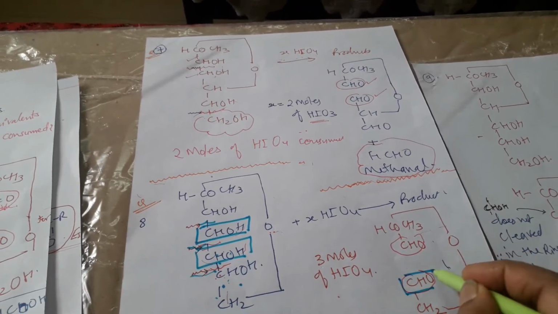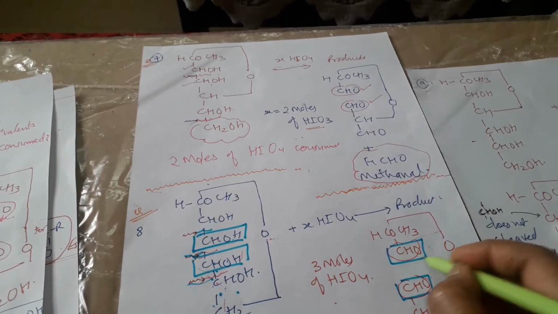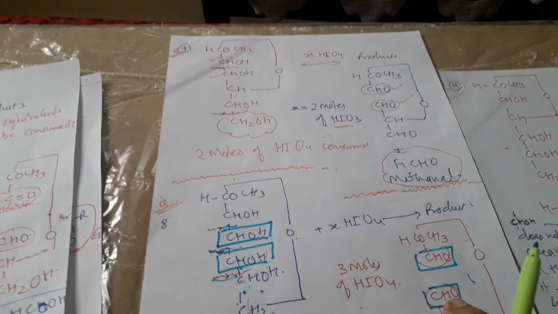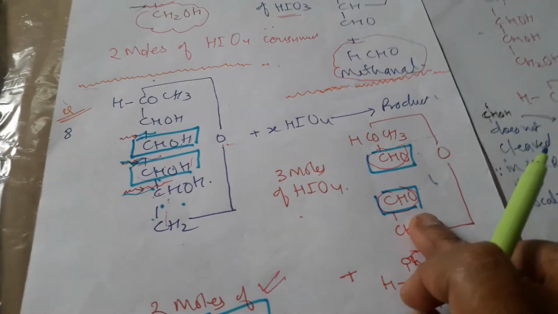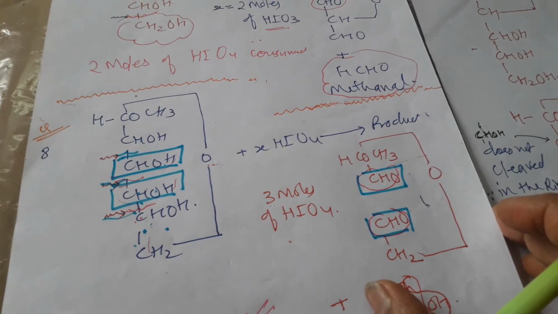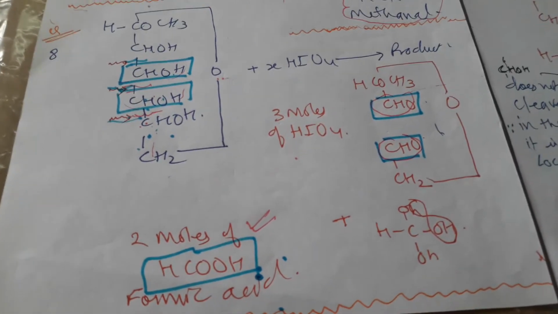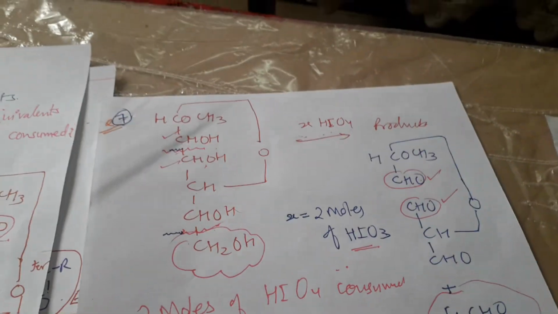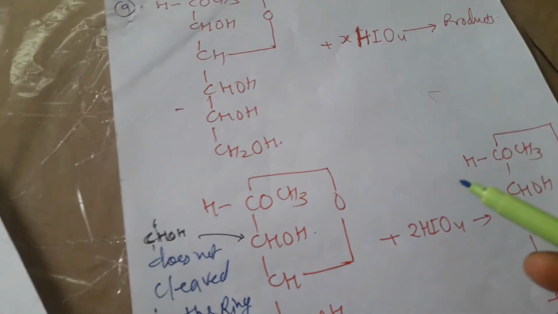See, I am making it here. So top and bottom, their CHOH group is converted into CHO. And the rest you have to draw the same. I think when you practice on your own, you will find it very easy. No need to mug it up, only see how we are doing this.